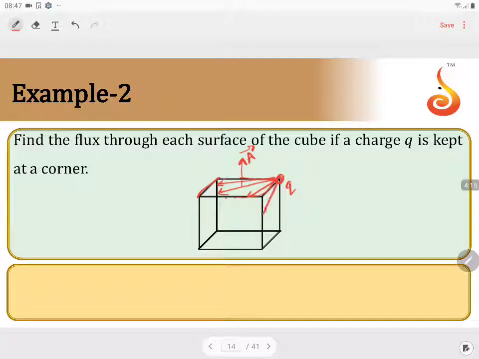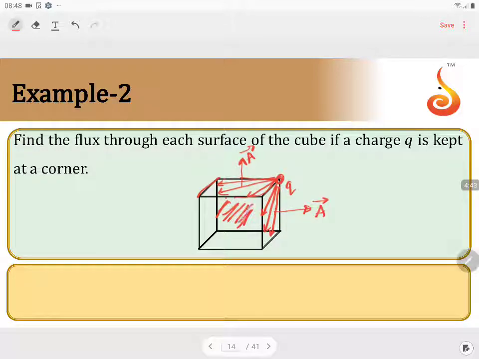Similarly, on this right side face, electric field lines will be like this, parallel to the face. The area vector will be like this. So what is the angle between any electric field line and the area vector? 90 degrees. So the flux over this face will be 0. And the flux will also be 0 over the farther face, the face on that side.